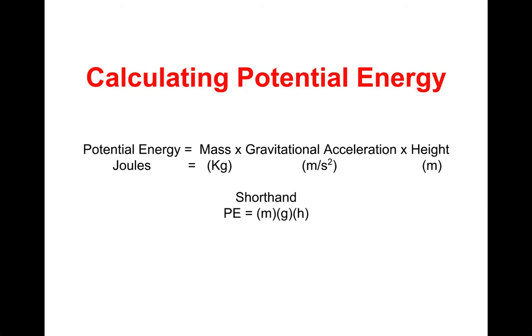And our height is being measured in meters. The units for potential energy is joules. One thing that you do need to be really careful of is that the mass needs to be in kilograms. So when you're using our balances, the mass is measured in grams, so you have to convert, so you have to divide that number by 1,000.